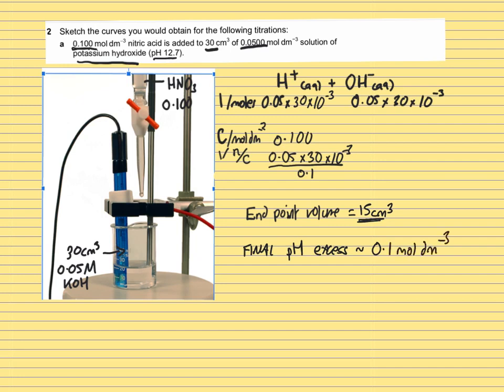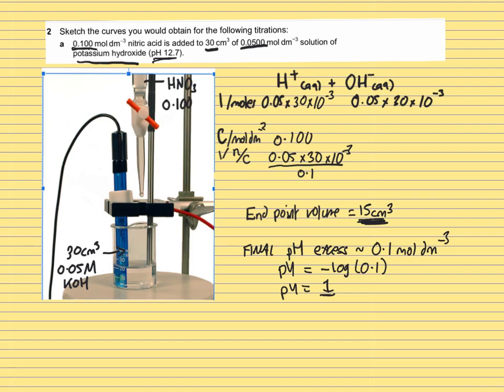And therefore the final pH is minus log of 0.1, so the final pH is going to be 1. So what we have now is our end point volume, the equivalence point, that's 15 centimetres cubed for the neutralisation. We have the start pH and we have the end pH.